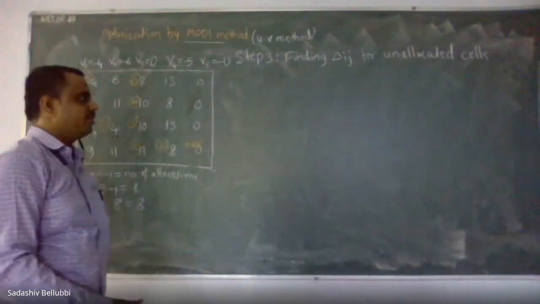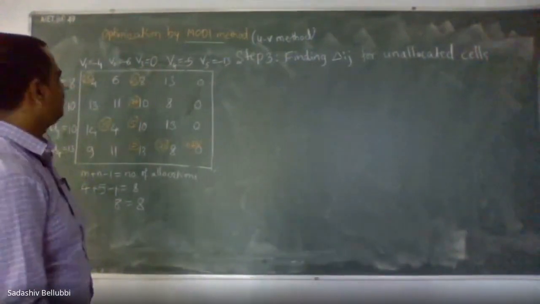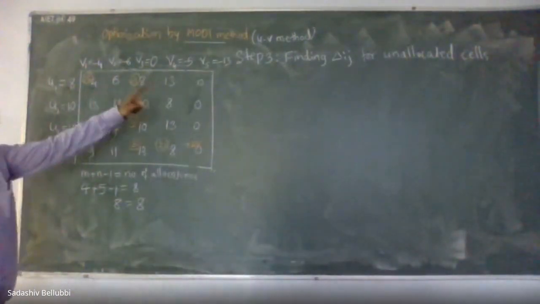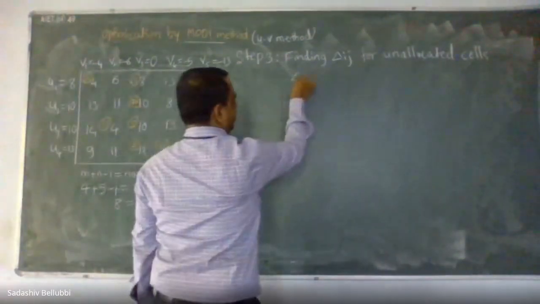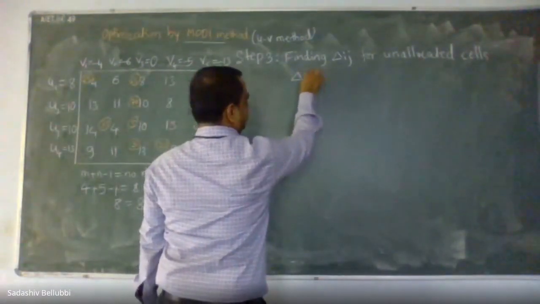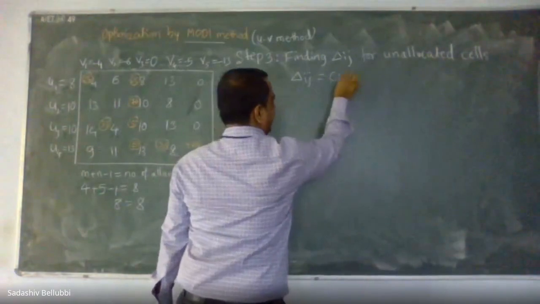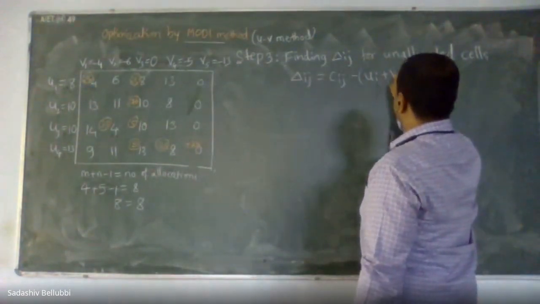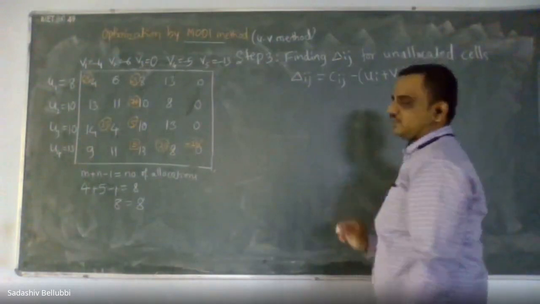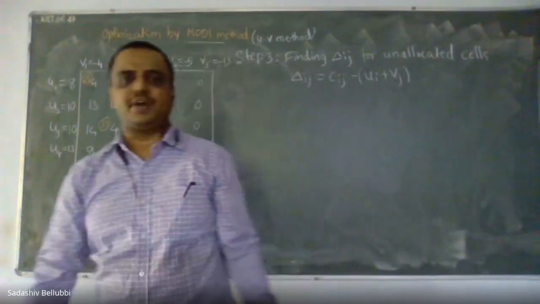Now we need to write all the unallocated cells. So what is the equation for delta ij? Delta ij equals Cij minus (ui plus vj). So likewise we need to find it.